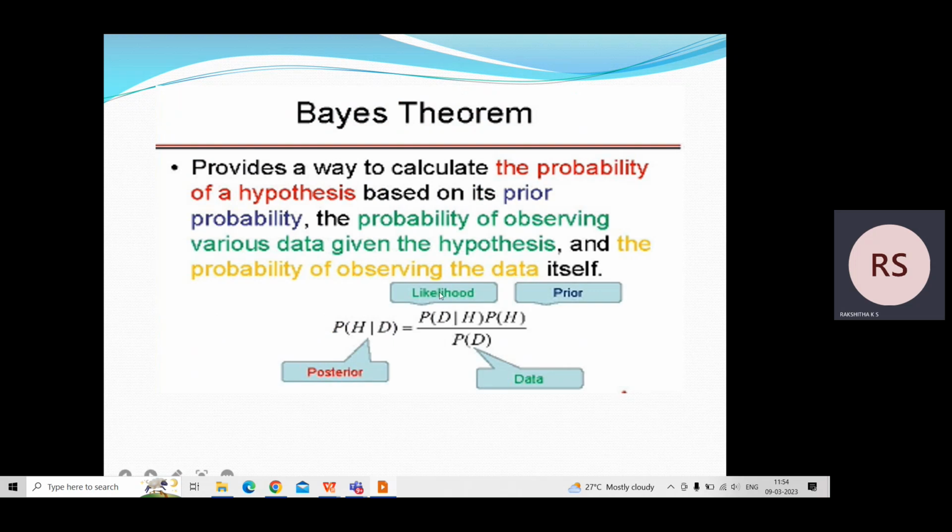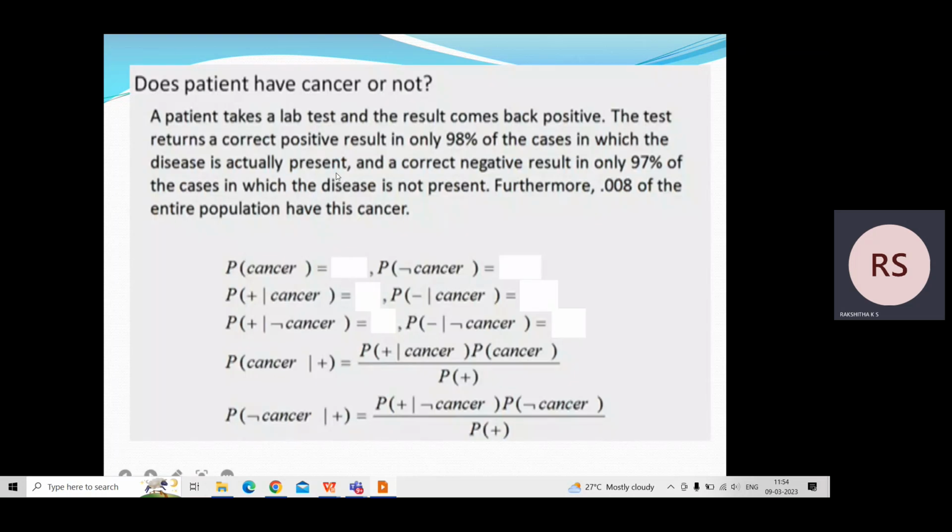So in this, this is the probability of H given D, and this is the likelihood. This is how we calculate the Bayes theorem value. Here is a real-time example to calculate the Bayes theorem. A patient takes a lab test and the result comes back positive.